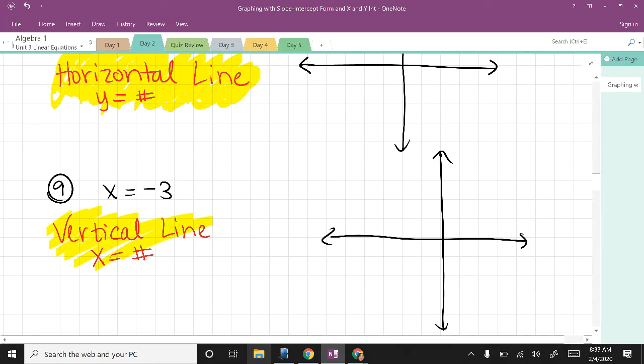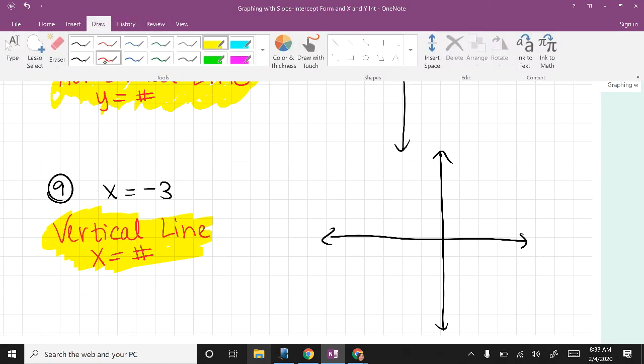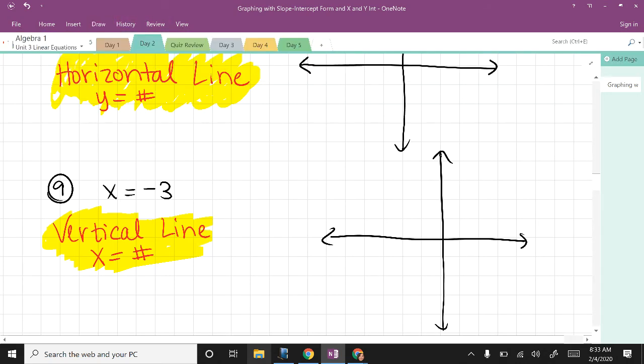X equals a number is a vertical line. What axis does a vertical line cross? Look, it tells you. This is crossing the x-axis at -3. So you go to -3 on the x-axis, and it's x equals a number, so it's vertical.